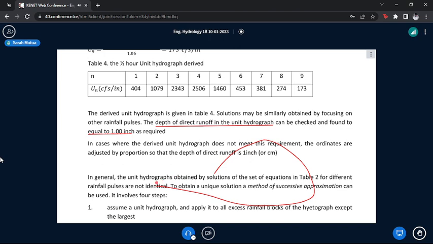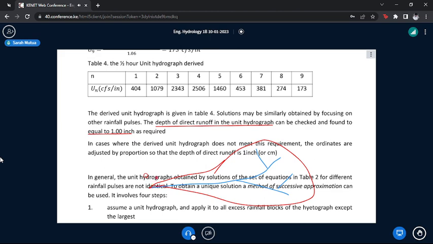If you are calculating a unit hydrograph for a certain river, this is the river, and you have the catchment. You have been calculating discharge at that point, let's say here, Q, at the exit of the catchment.